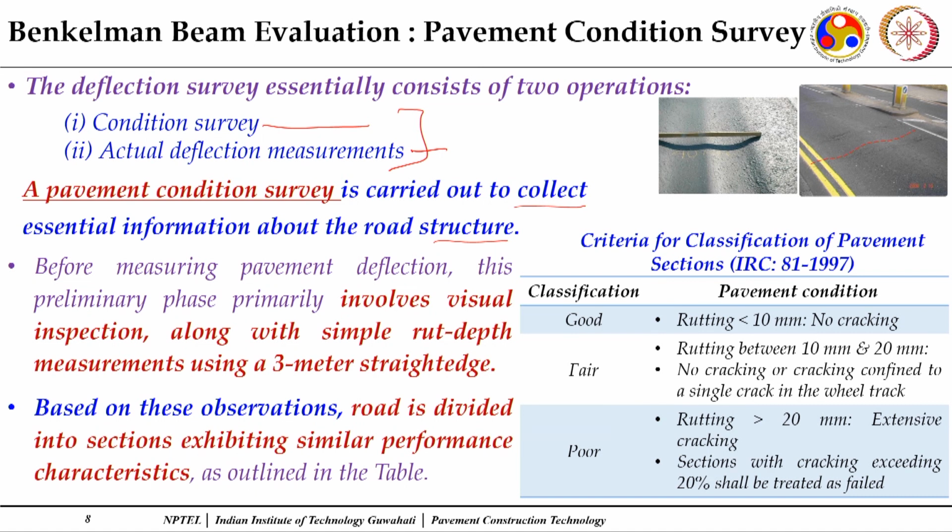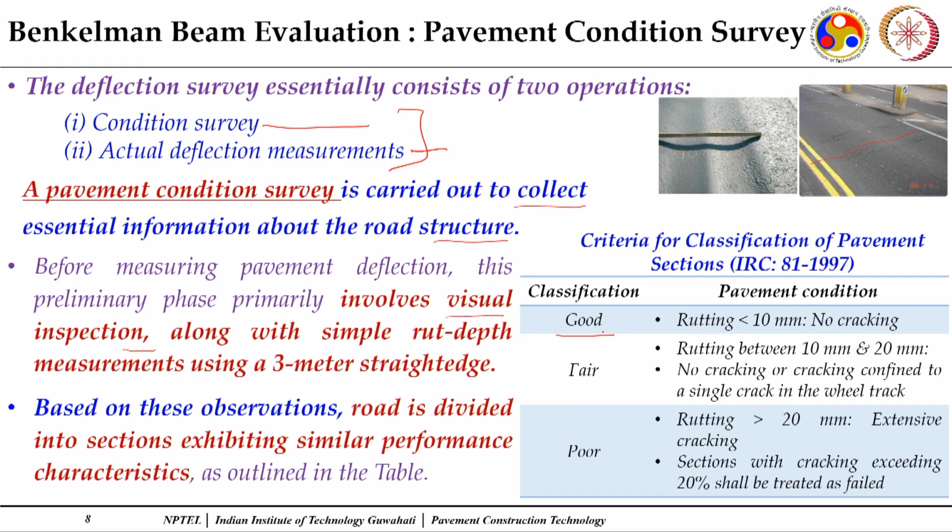So, before measuring pavement surface deflections, this primary phase is usually done. A visual inspection is done along with the measurement of rut depth, for which we can use a 3 meter straight edge. Then we will divide the sections into three major categories as per the IRC 81 requirements.